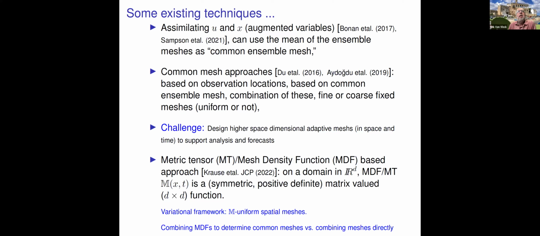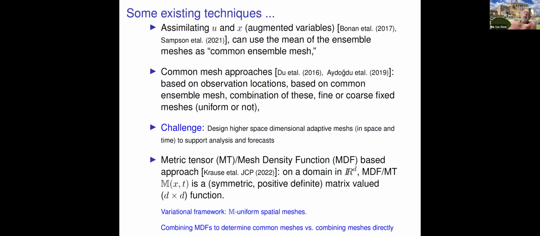These mesh density functions are defined locally, for a fixed time and a fixed point in space. They're d by d symmetric positive definite matrices, so they basically define ellipses pointwise. And we're going to use these in a variational framework to design meshes that are uniform with respect to this mesh density function.